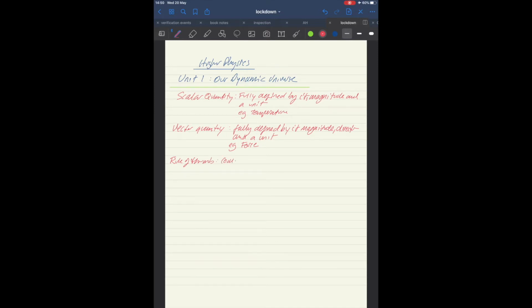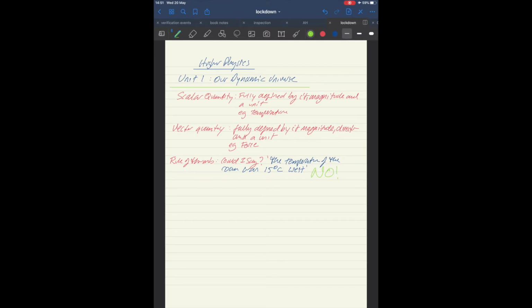Could I say the temperature of the room was 15 degrees Celsius west? Well, I'm hoping you're all saying, no, you can't say that because it makes no sense.